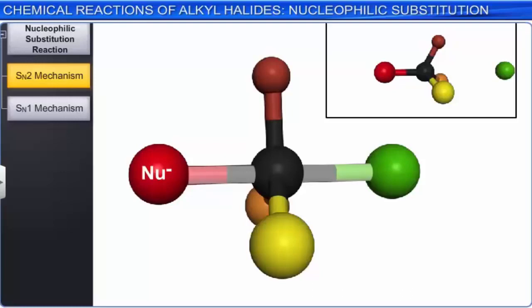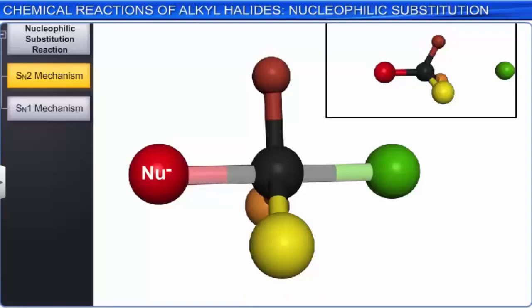That is a one-step mechanism, because the new bond between the nucleophile and the carbon atom forms at the same time as the carbon-halogen bond breaks, as shown in the pentacoordinate transition state. Since the carbon atom is bonded to 5 atoms, the transition state is unstable and hence cannot be isolated.